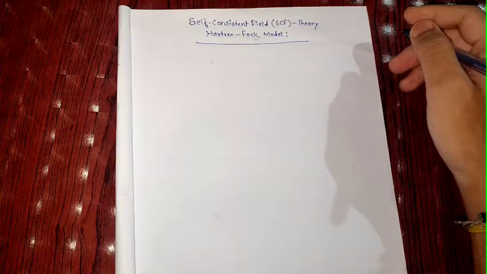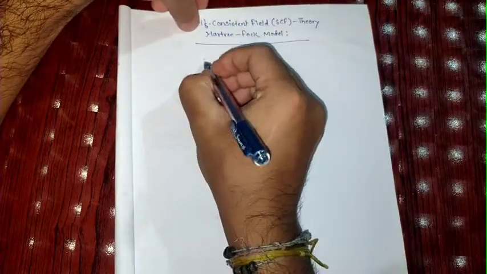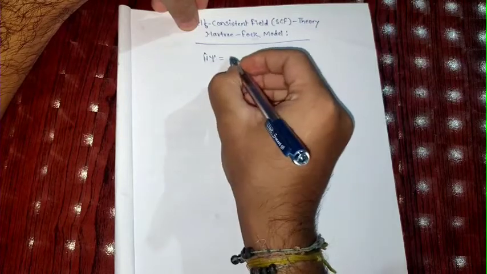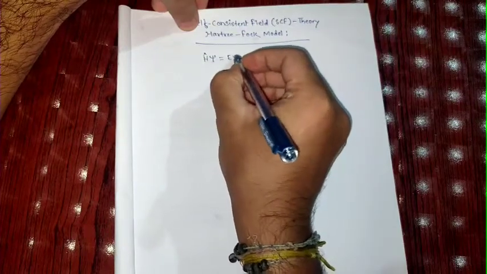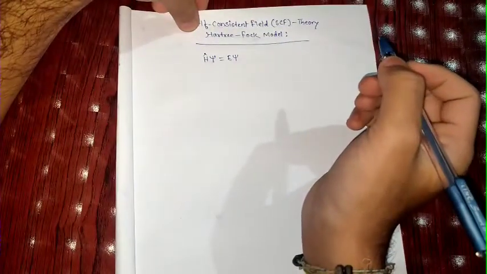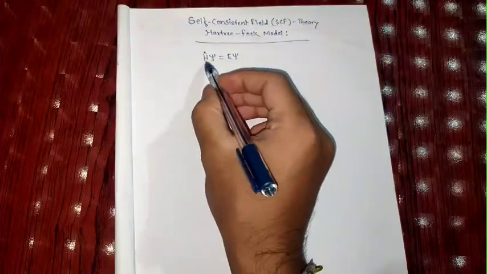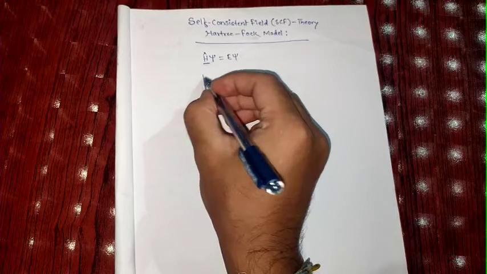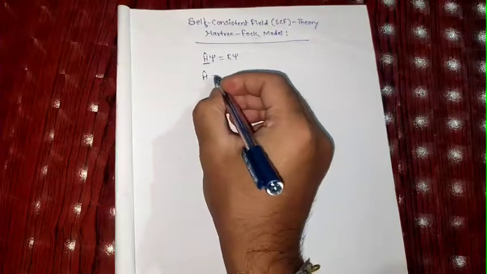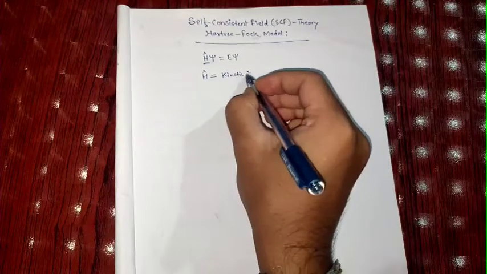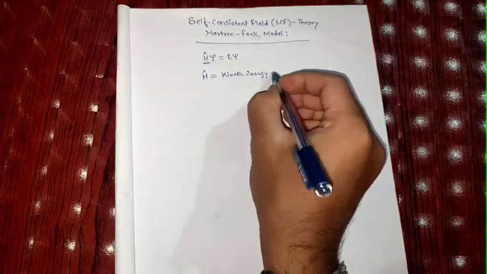As we know, the Schrodinger's time-independent equation can be given by H psi is equal to E psi. So this is the Schrodinger's time independent equation. Particularly, if we see the Hamiltonian H cap, it is nothing but the summation of kinetic energy and the potential energy.